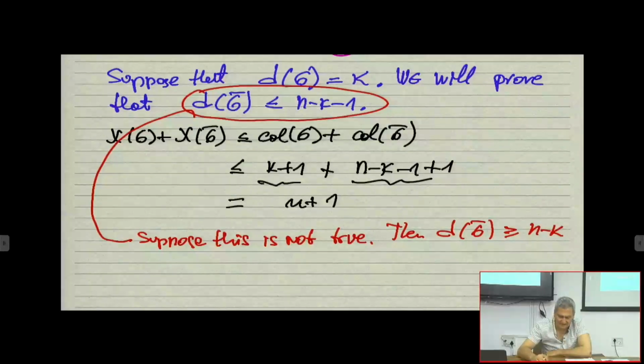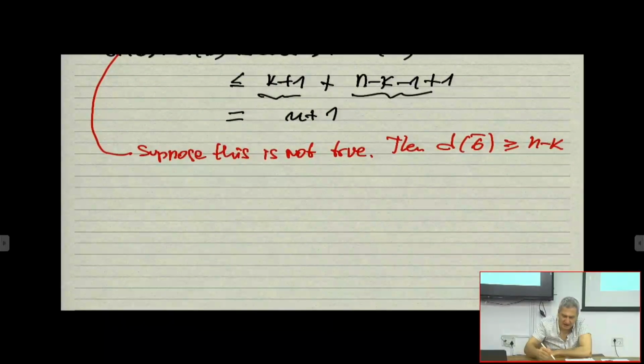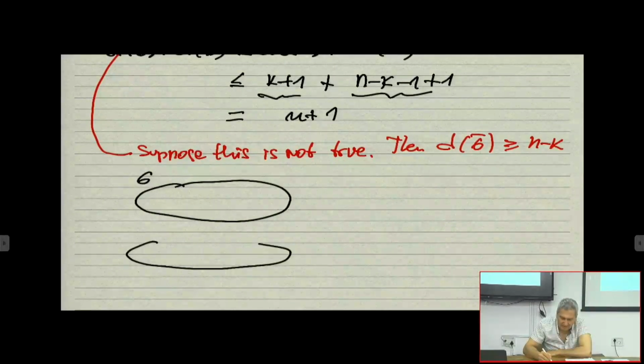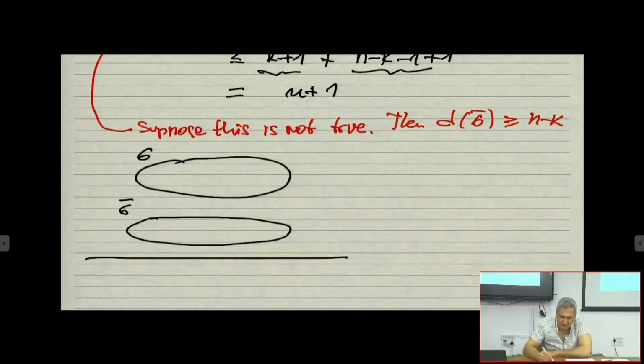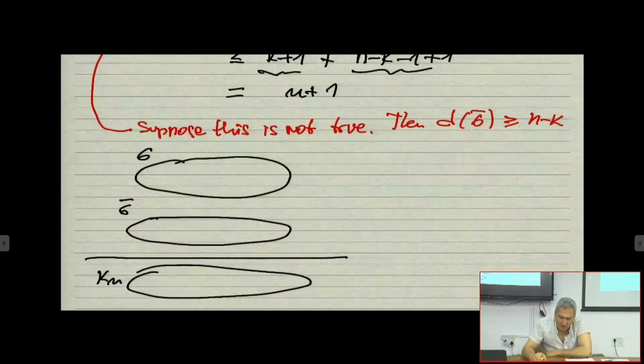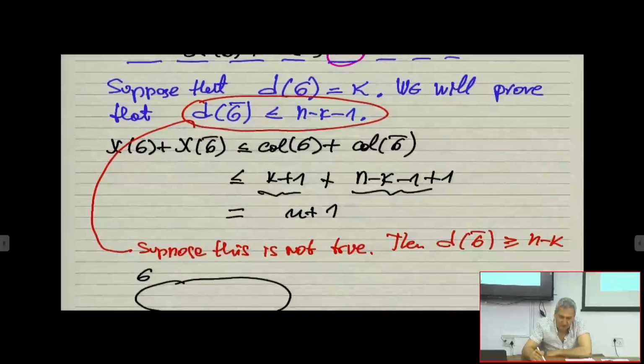Now look like this. I will draw here graph G. I will draw here the complement. If I take the union, it will be the complete graph. Do you agree? Now, look, since the degeneracy of G is k, we have a subgraph H in G of minimum degree k, okay?